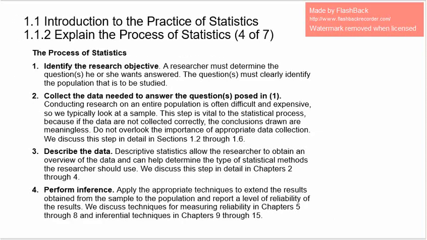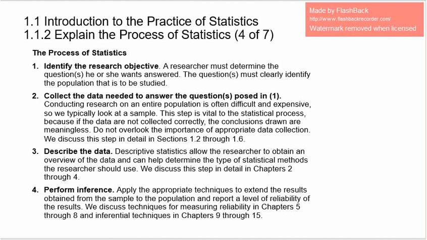So, what is the process of statistics? The process of statistics basically is done in 4 steps. The first step is to identify the research objective. A researcher must determine the questions he or she wants to answer. Those questions must clearly identify the population that is being studied. The second step is to start collecting data.